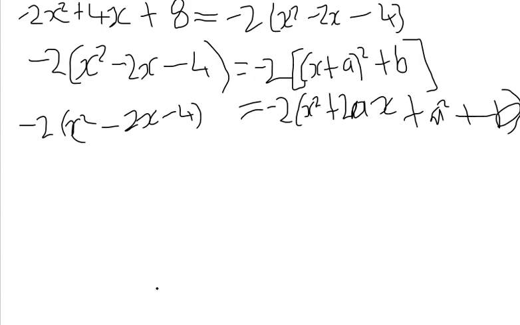So now that we have got -2 as the coefficient of this bracket and -2 as the coefficient of this bracket, we are going straight to equate what we have here in the brackets. Right. So for x squared, the coefficient is +1 and here it's +1, so we don't need to do anything on this, we're going to skip it.